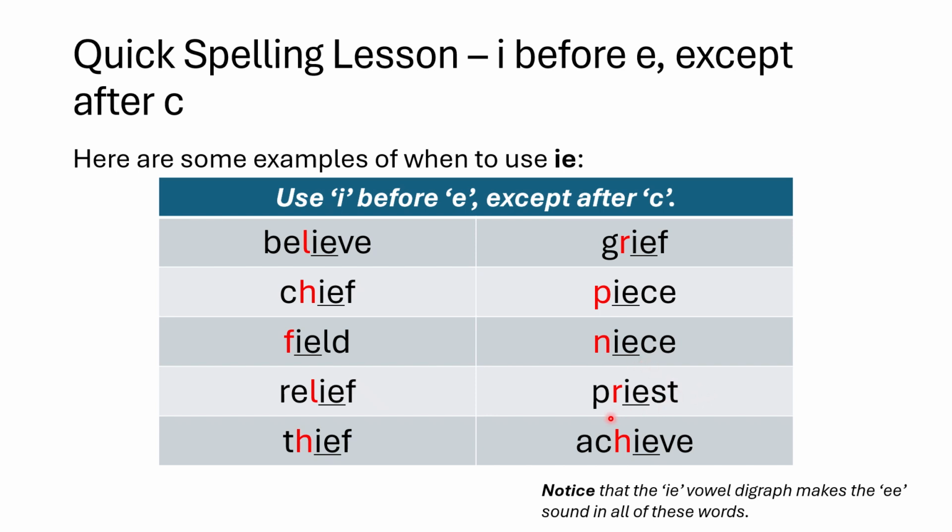The letter R comes before the IE. Achieve. The letter H comes before the IE. Notice that the IE digraph makes the E sound in all of these words.